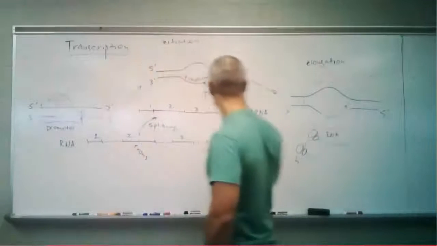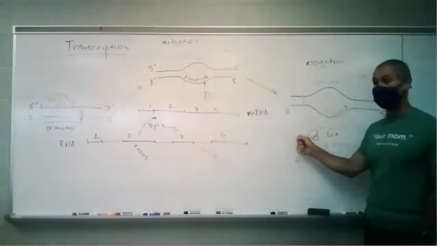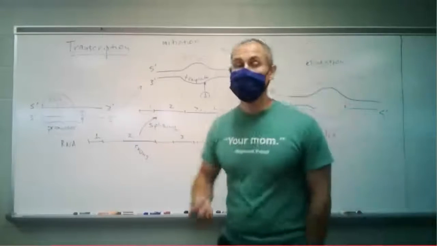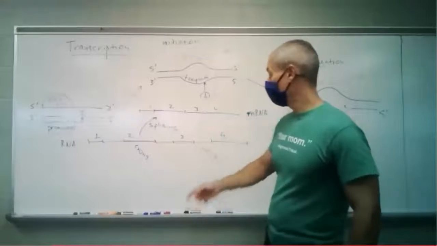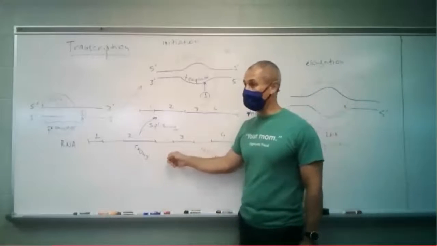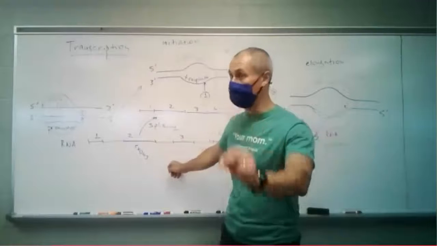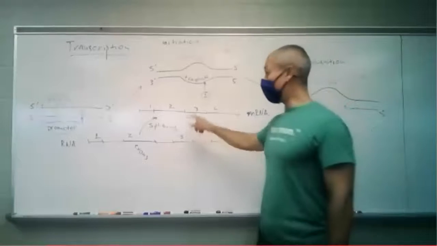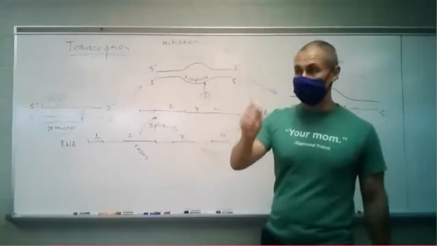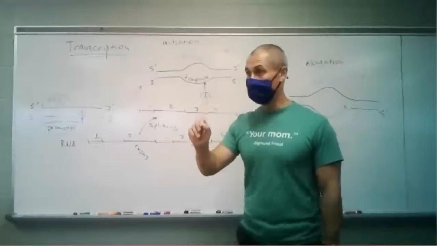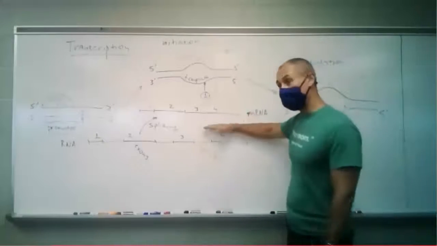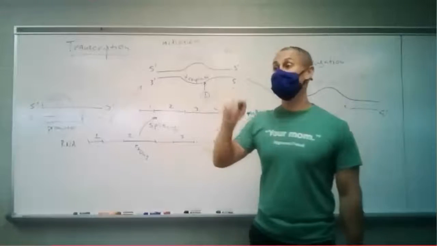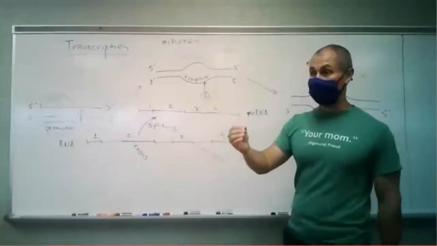Now, remember what I said about the immediacy of translation. Now, look at a eukaryotic cell. You make a transcript, which is in the nucleus. Are you with me? You have to process it, which happens in the nucleus. Then you have to transport mRNA from the nucleus into the cytosol to get mRNA translated.